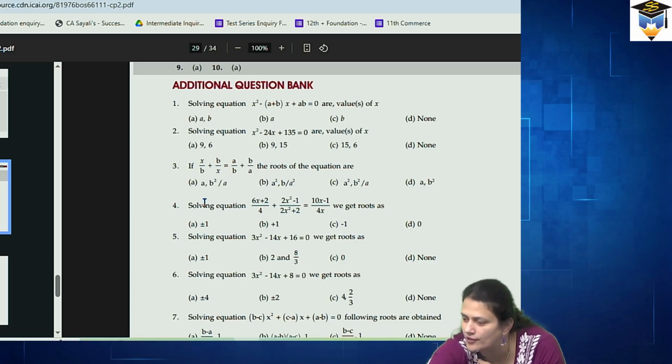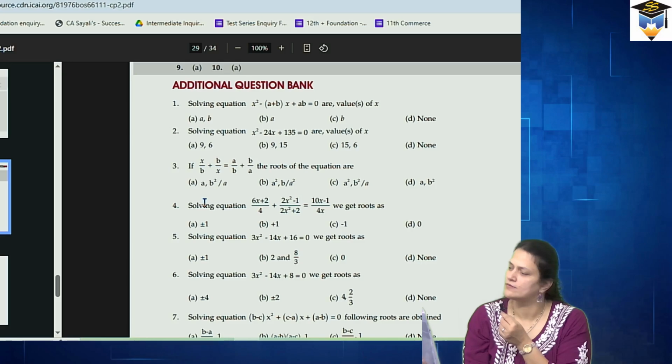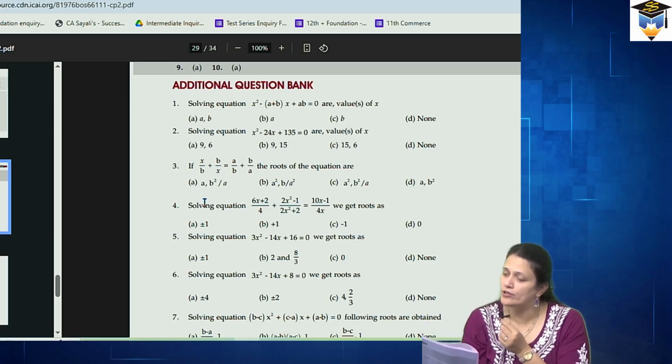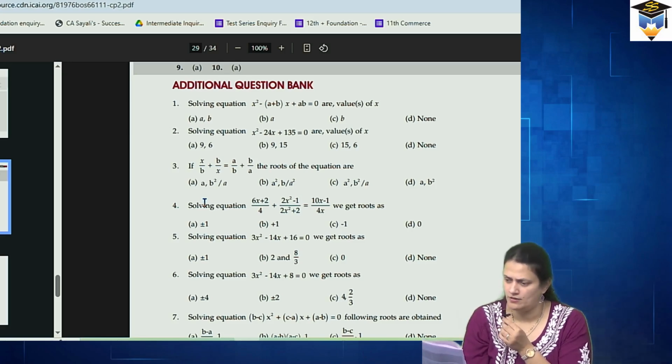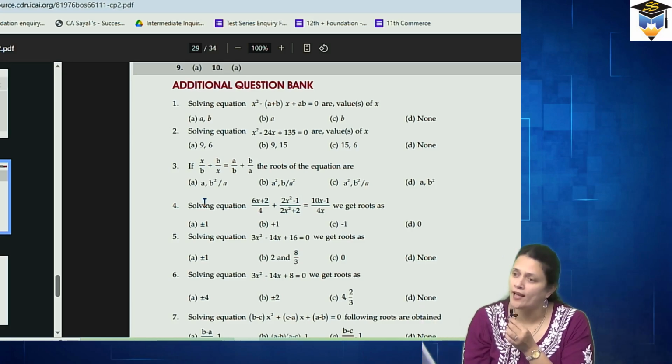Option B. Okay. That answer is going to be B, so that is not the correct option. You substituted the value of x as a. But it is x square, so wherever you find x, you will substitute it by a.